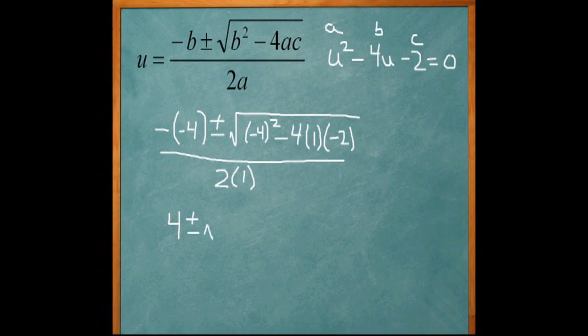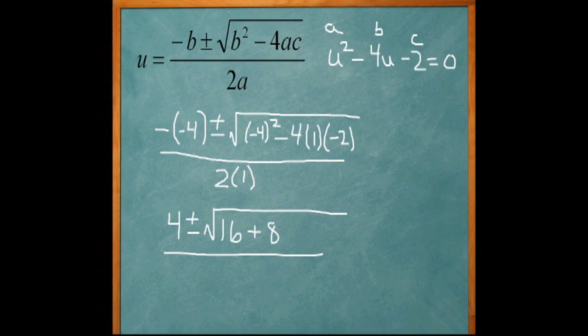All right, so here we got negative 4, which becomes a positive 4, plus or minus. Negative 4 squared is 16. We have negative 4 times 1 times negative 2. It gives you a positive 8. Remember, two negatives give you a positive. Negative 4 times negative 2 is positive 8.